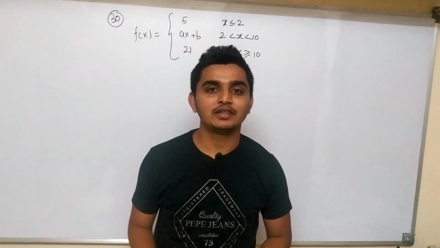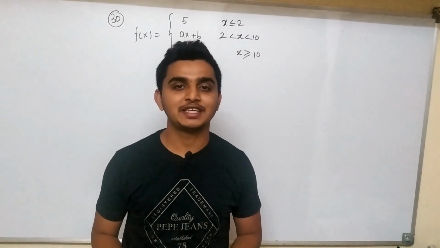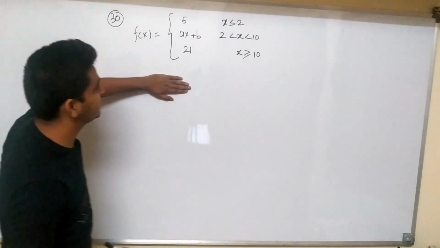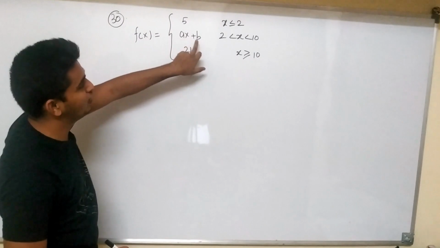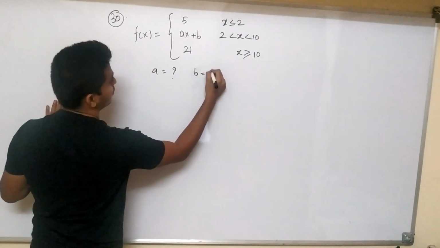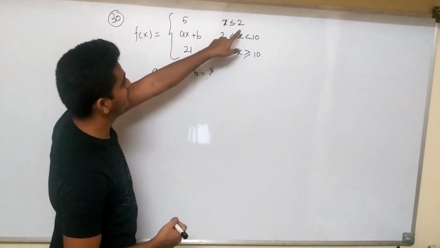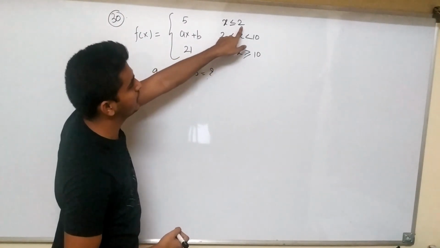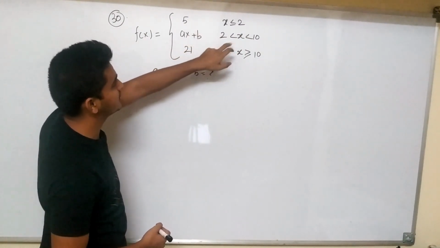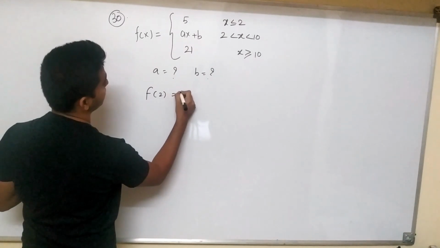Now we will take a look at the 30th question, from your 5.1 exercise from your NCERT book, which basically states to find the value of a and b. So we need to find the value of a and the value of b. In this case, we check the continuity for the first two functions at 2, since f of 2 is 5, which is given.